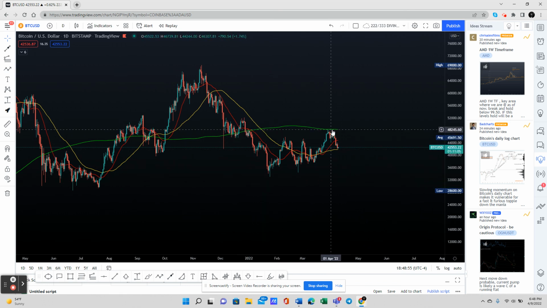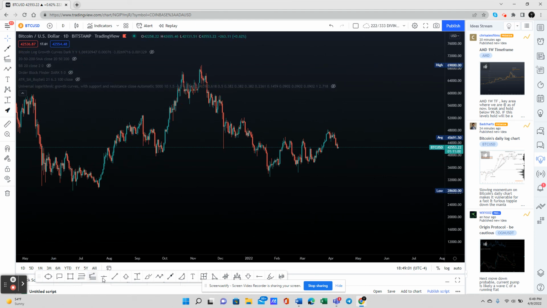All right, so we're going to see. Now, let's take these moving averages off and look at those key levels, and you'll see how price has reacted. Look at that level. See this level? Look how price reacted.